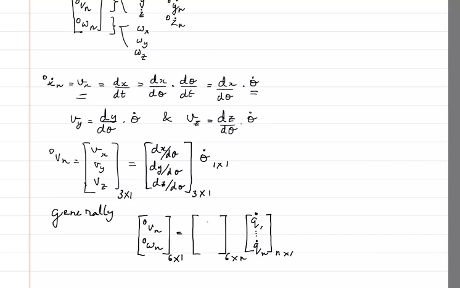First is for the linear velocity part, which I will write as jv, and next I will write j omega. Remember, jv is going to be a 3 by n matrix, and similarly j omega is also a 3 by n matrix. Together they become a 6 by n matrix.